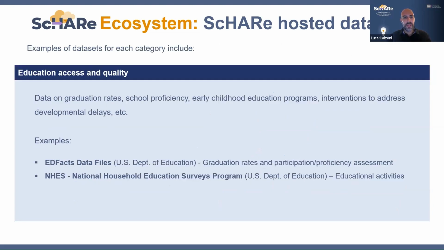In the first category, education access and quality, we have data on, for example, graduation rates or school proficiency, early childhood education programs, or interventions to address developmental delays. Two examples are the data files from the Department of Education with graduation rates and participation proficiency assessments, and the National Household Education Survey Program, which is about educational activities in the US.